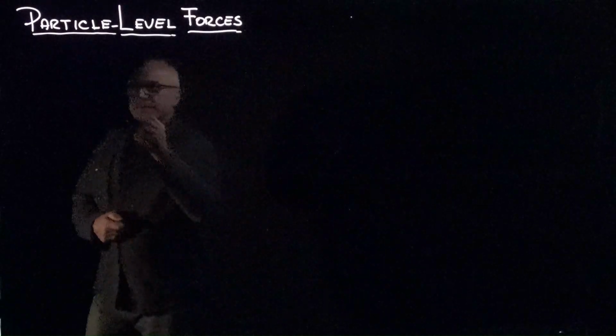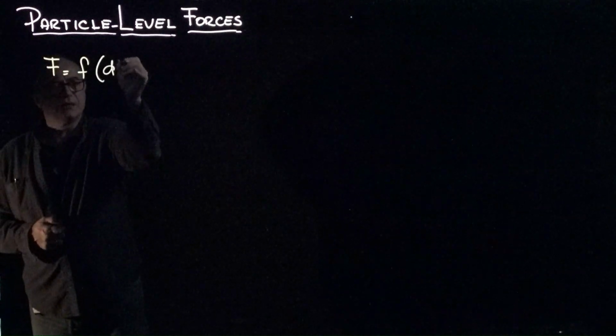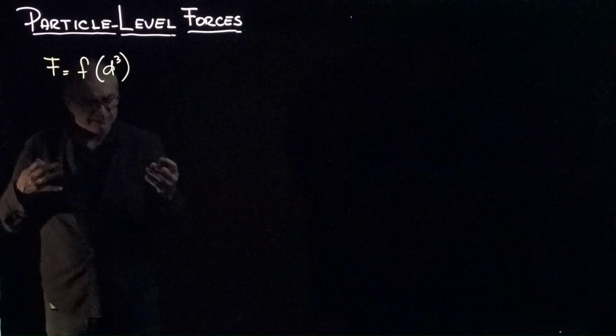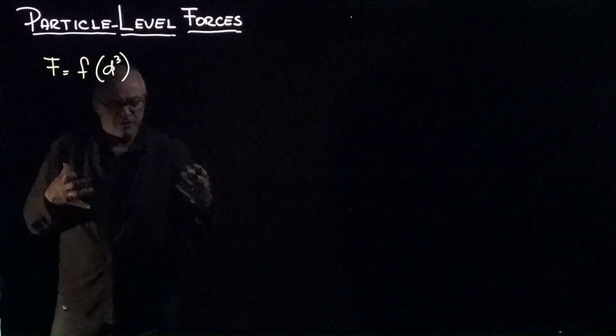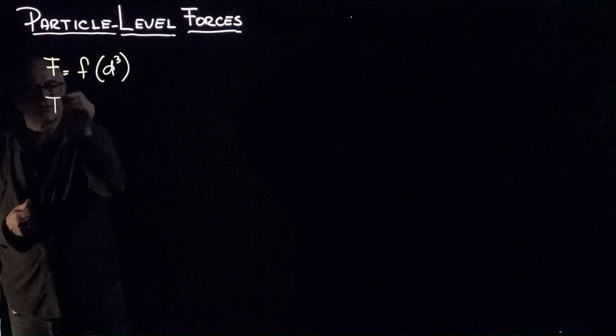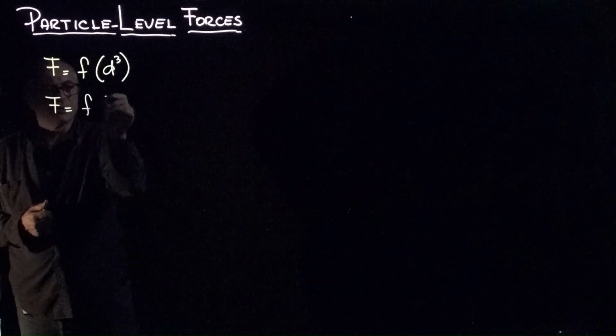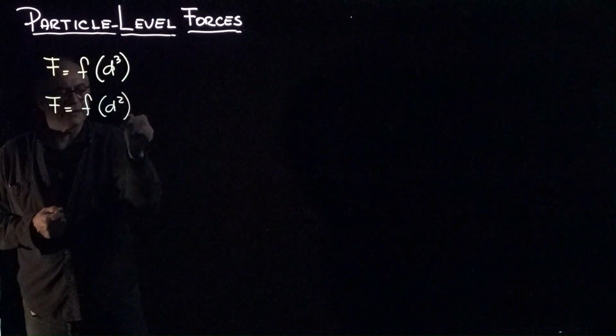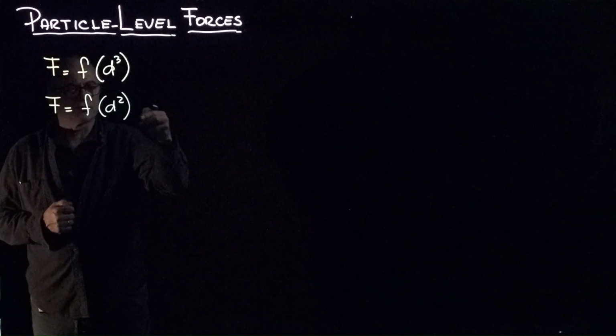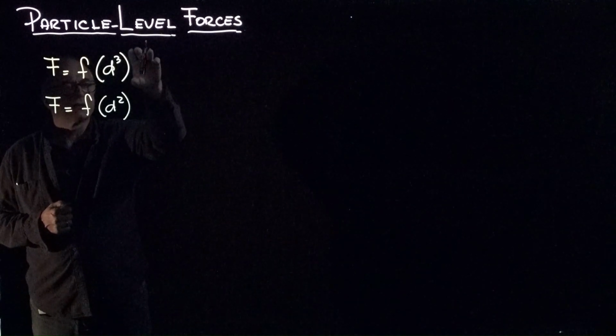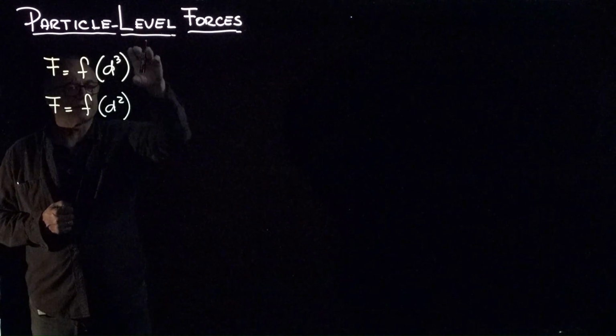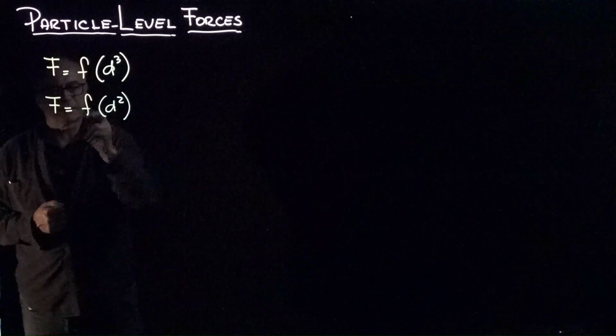To summarize, we have some particle level forces that are proportional to d cubed. The mass, the volume prevails. Some forces are proportional to the square, the area, like electrical interaction forces. These ones were the gravimetric, the buoyancy, the self-weight.